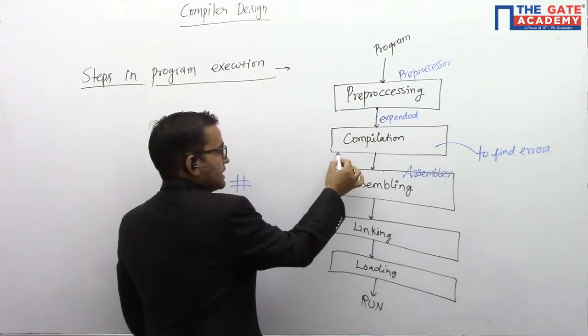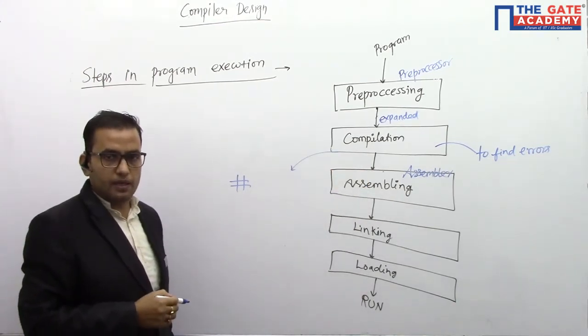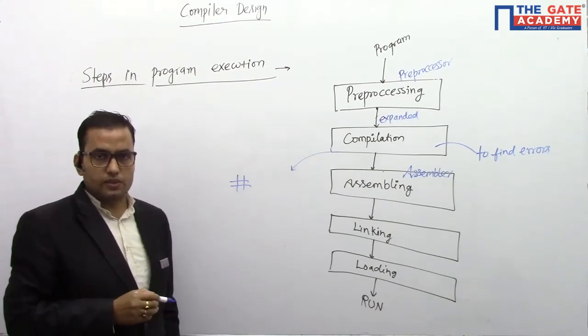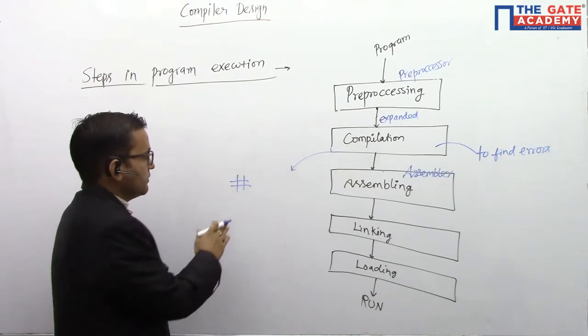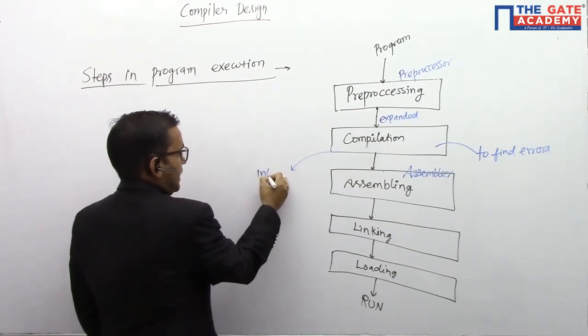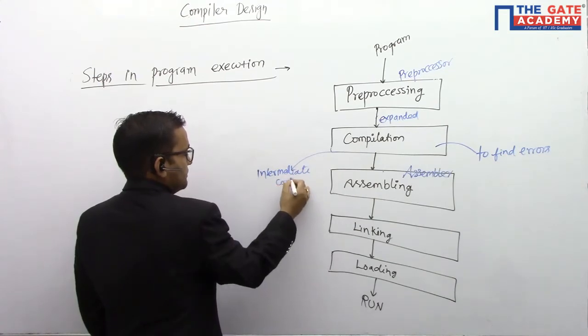And what is the output of the compiler? It may be some intermediate code, you will say. Just as of now, just remember, it is some intermediate code.